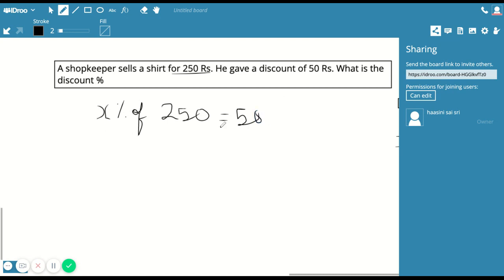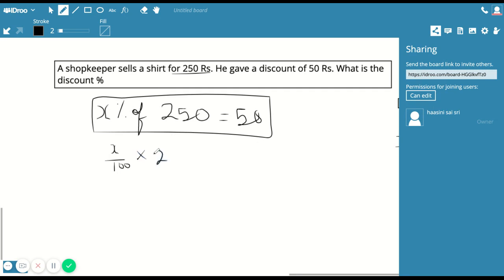Right? Now it's very important for me to write this in the form of percentage of a quantity form. Now x again will become x upon 100. Of will become multiplication, and this is 250 is equal to 50.